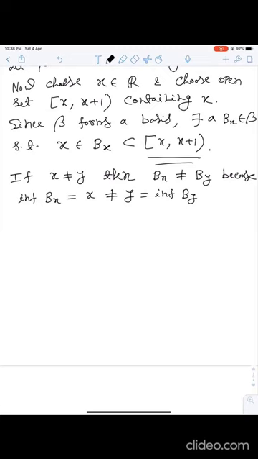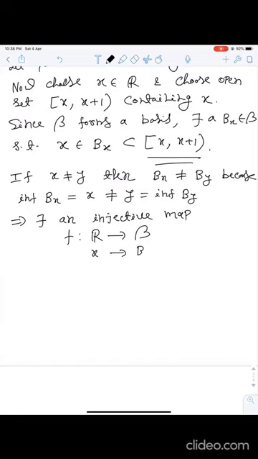Now that will imply there exists an injective map f from R to beta such that x goes to Bx.